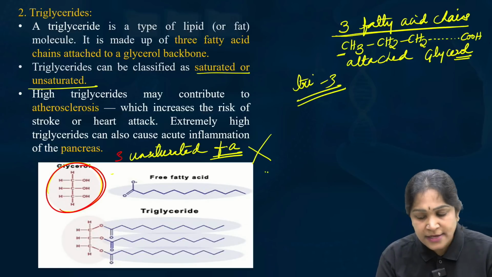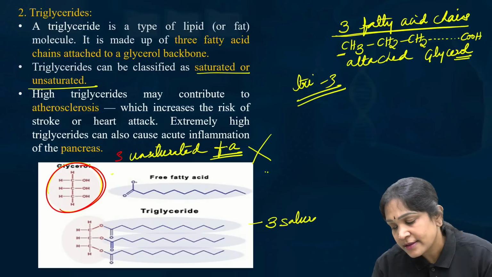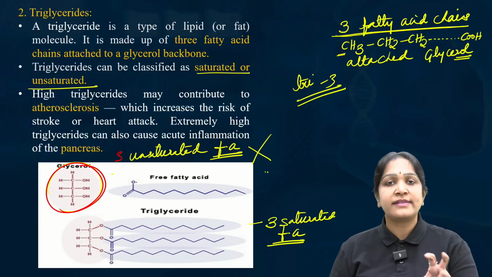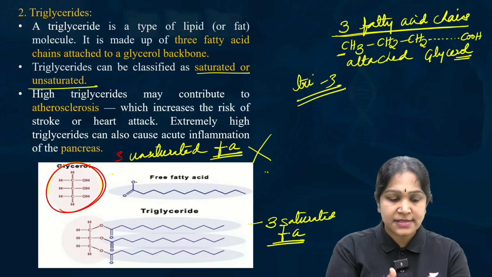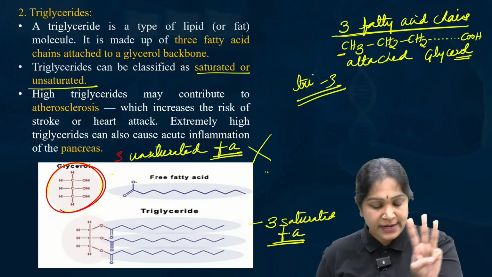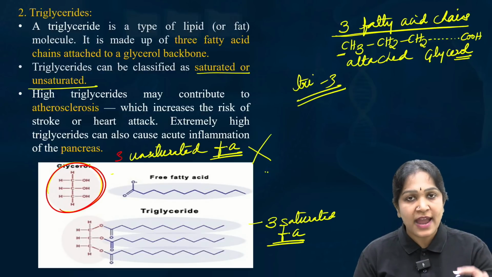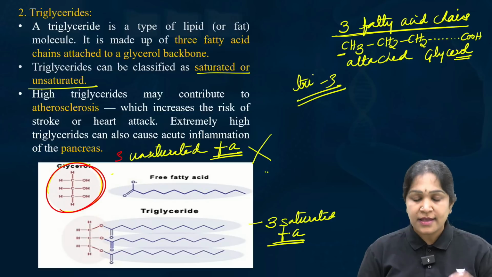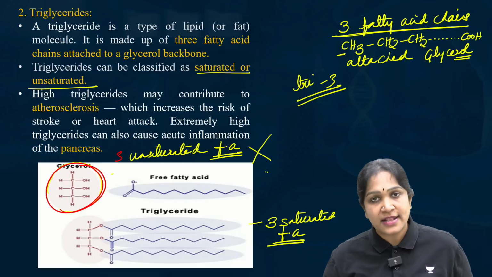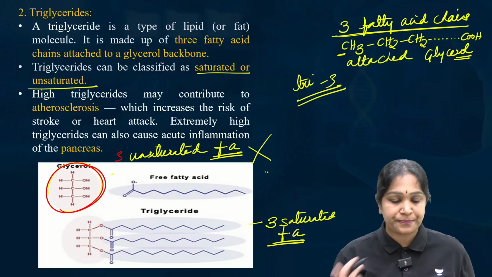To the same glycerol, if we add 3 saturated fatty acids, then they are called saturated triglycerides. I repeat, a triglyceride is 3 fatty acid chains added to one glycerol molecule. With 3 saturated fatty acids, that is a saturated triglyceride, and with 3 unsaturated fatty acids, that is an unsaturated triglyceride.